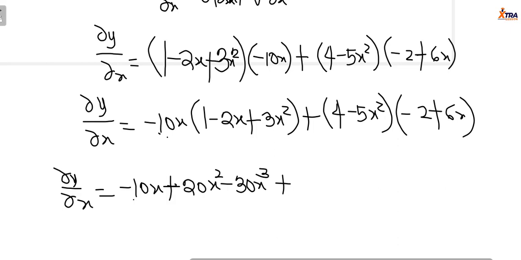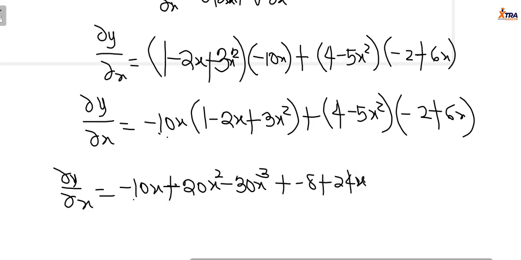So here we have to expand this. 4 times minus 2, we have minus 8. And 4 times plus 6x, that will be plus 24x.